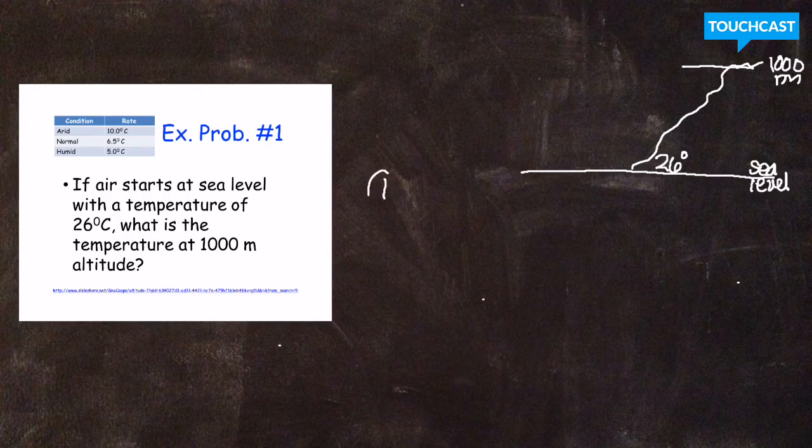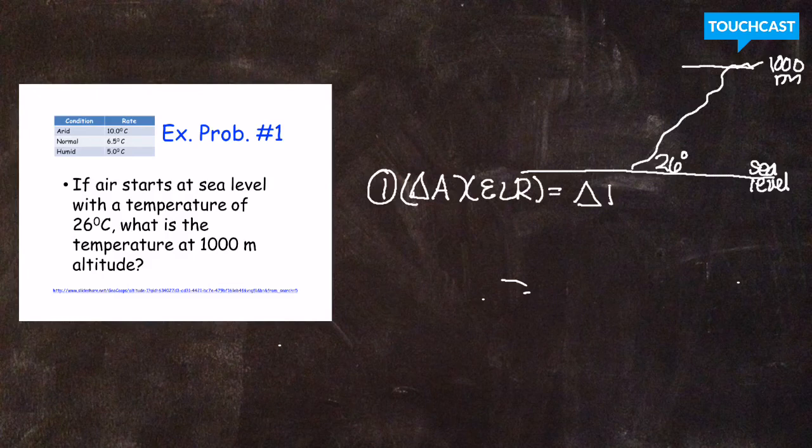So here we go. First step, write your equation. I have the change in altitude times the environmental lapse rate equals the change in temperature. So my change in altitude, I'm going from 0 to 1,000. I know that I need kilometers, so change this to 1 kilometer. So I started at 0 and I went to 1 kilometer.